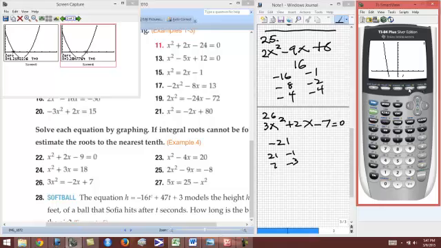Well, that's not what I meant to do. I meant to put in Y min is -12, not -2. Okay, let's try it again. Hit Enter. Okay, that's better. All right, so second calc 0 for 2.